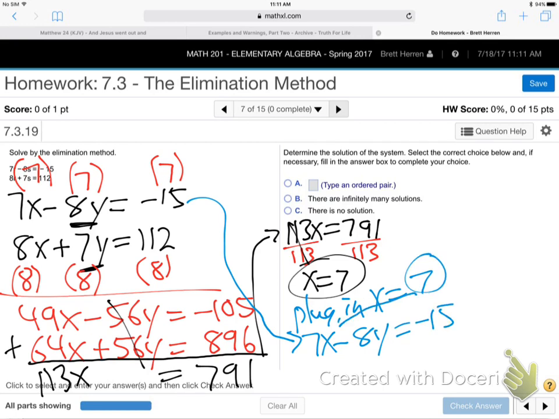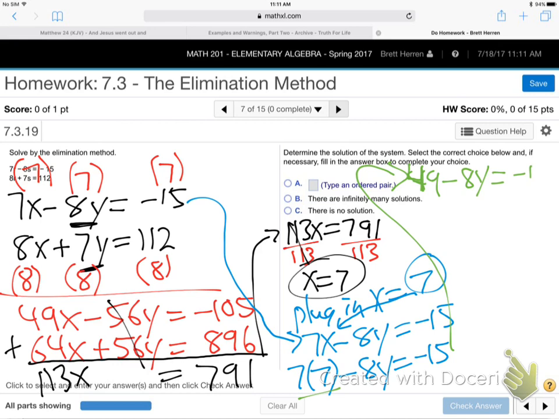Take that 7, plug it in. 7 times 7 minus 8y is minus 15. Good to there. I plugged in the 7. Okay, I'm totally running out of room here. Bring it up here. What do we got? 7 times 7, 49. 49 minus 8y is minus 15, right?